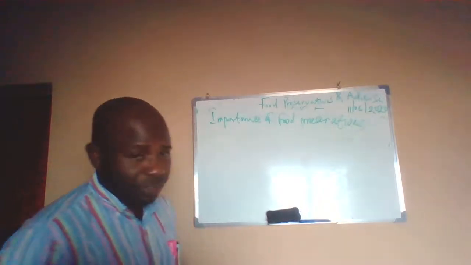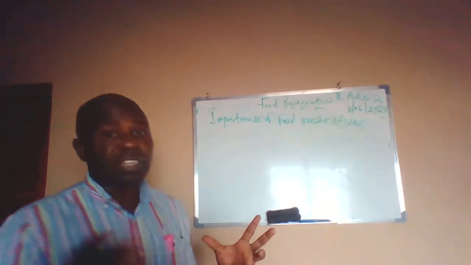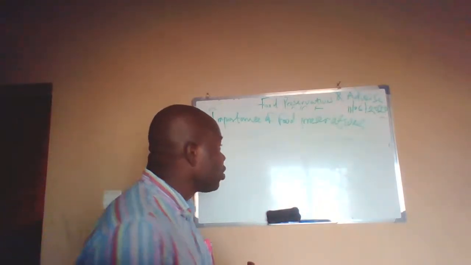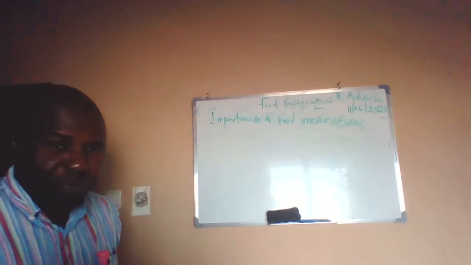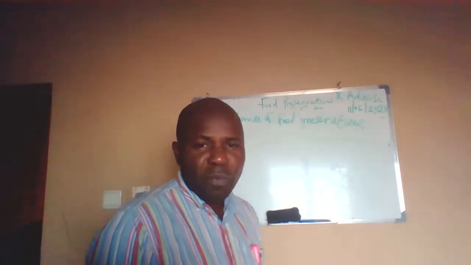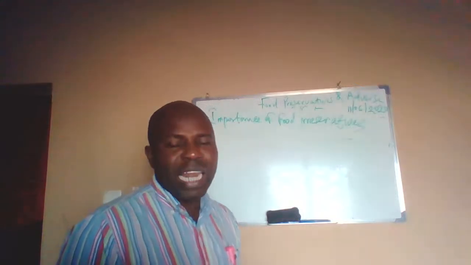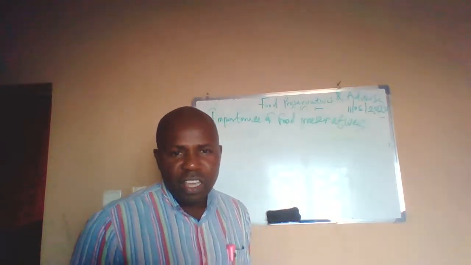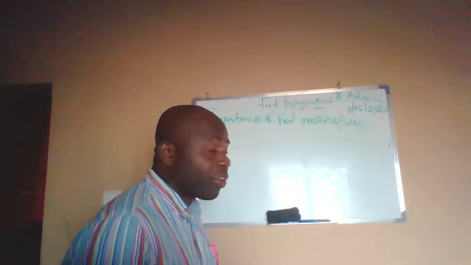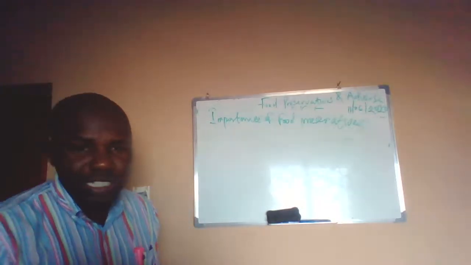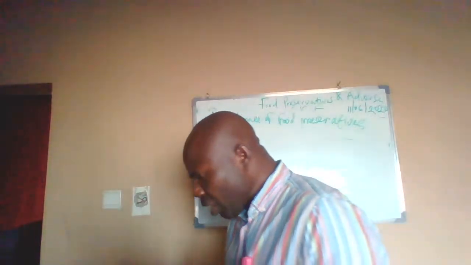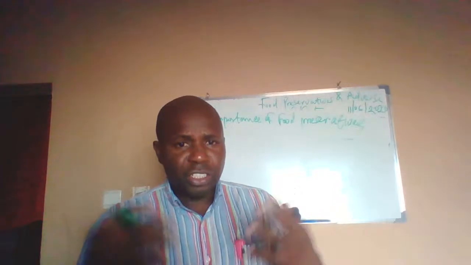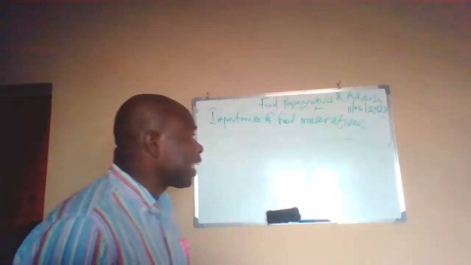Another classification of the food preservatives we'd like to talk about tends to classify the food additives into class 1, class 2, class 3. The class 1 basically comprises of the salt, sugar, honey, and vinegar.